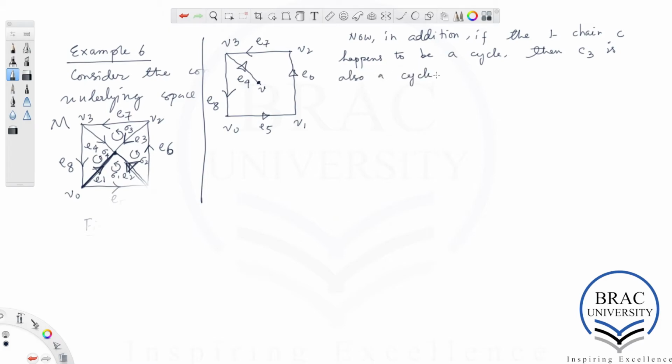Because C3 is homologous to C. We have shown that C3 is homologous to C.